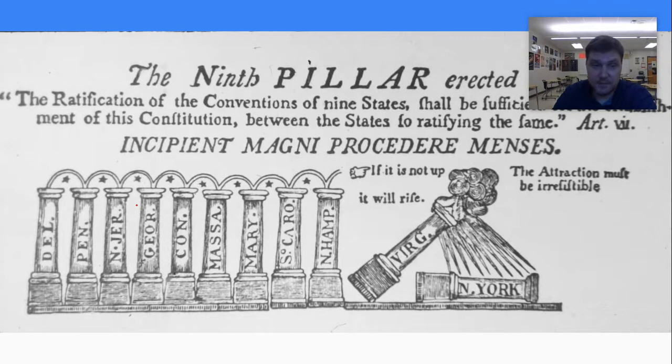And that's what this picture is showing: once the 9th state ratified the Constitution, then it went into effect. Delaware was the first one, Pennsylvania, and then New Jersey, and so on. But then when we get to New Hampshire, they were the 9th.